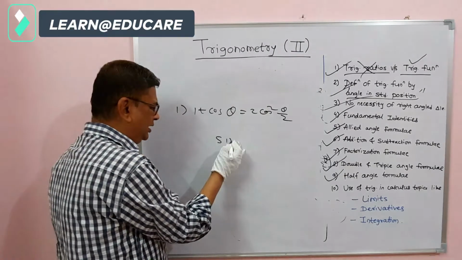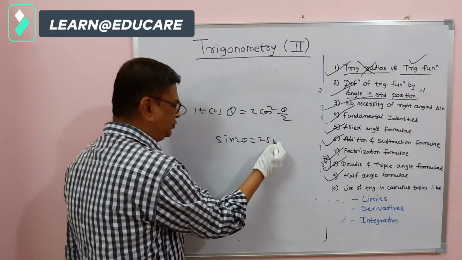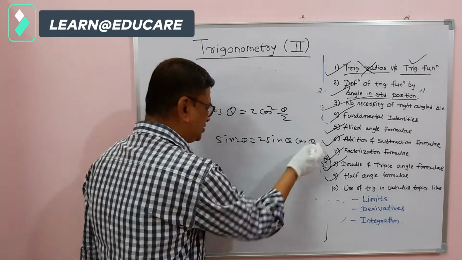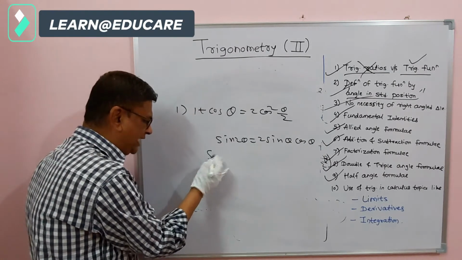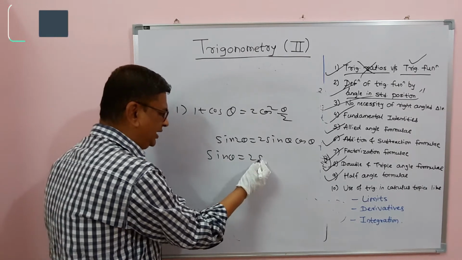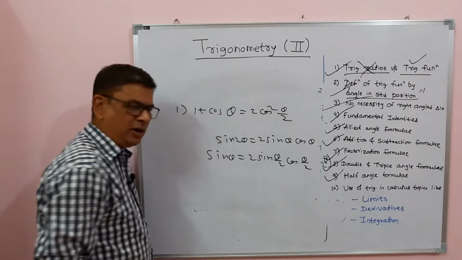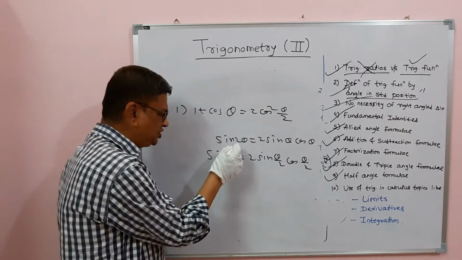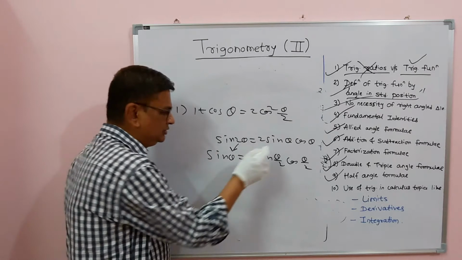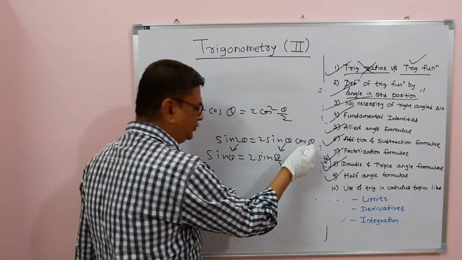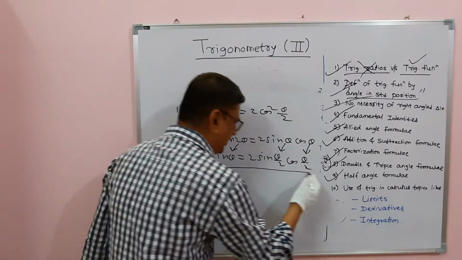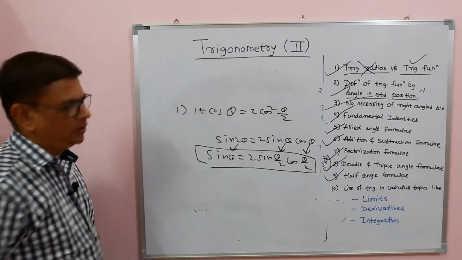For example, just I have mentioned sin 2 theta is like this, 2 sin theta cos theta. If you take half angle on both sides, then you get sin theta equal to 2 sin theta by 2 cos theta by 2. Now how that half angle is becoming, this 2 theta, its half is theta. This theta is half angle theta by 2, and similarly this is theta by 2. So this becomes half angle formula.